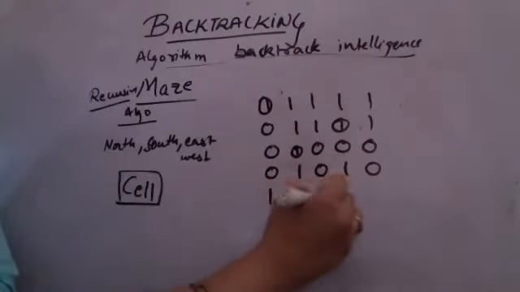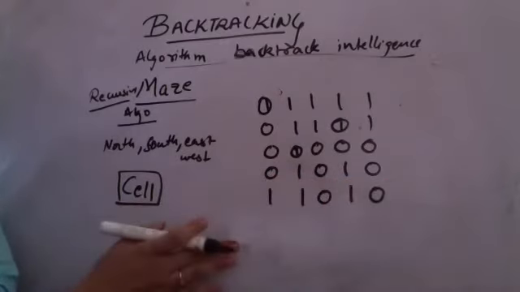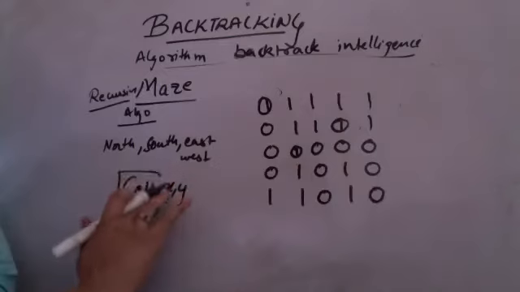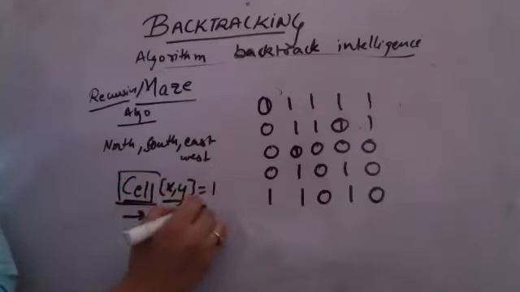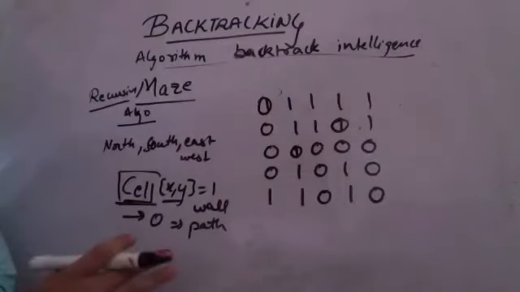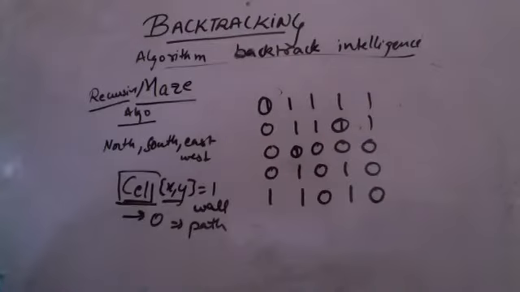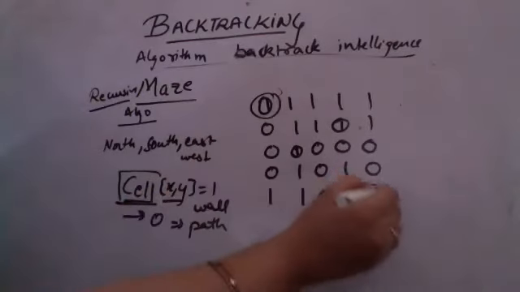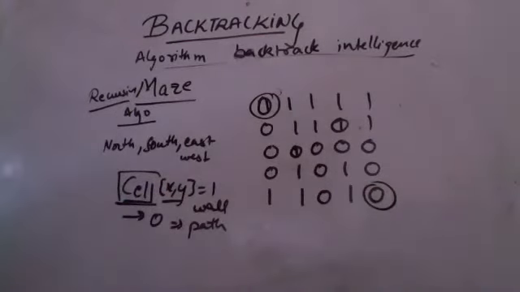Supposedly I'm creating this matrix. This is a cell matrix I'm creating, where cell x, y, the matrix at x comma y, represents 1, which implies this is a wall, and 0 implies there is a path. Clear? If it is 1 then it is a wall and 0 means there is a path. What we have to do is find a way from the start to the end.